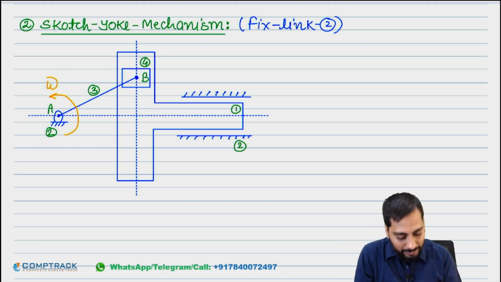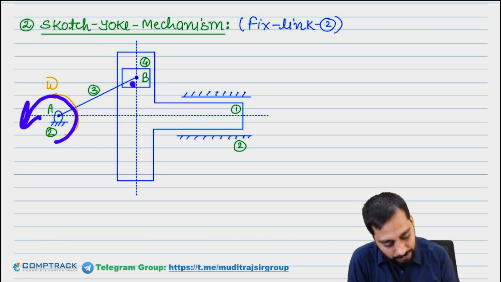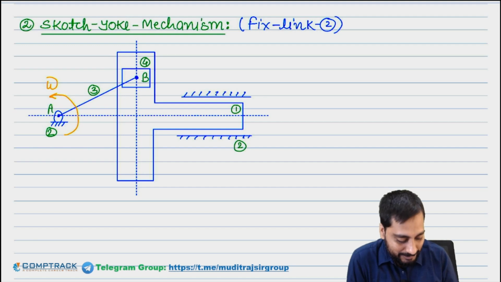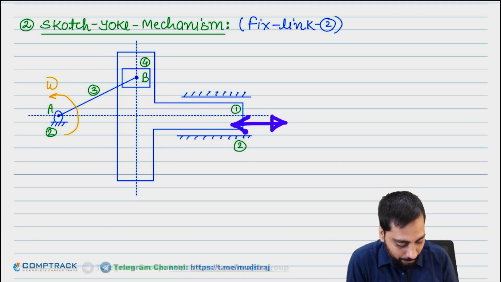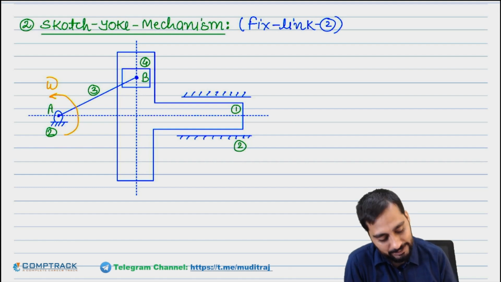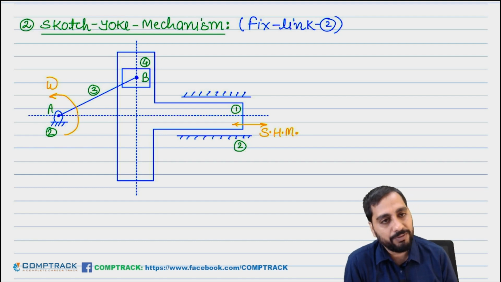So when it is having pure rotation, this will be having to and fro motion. This link will perform SHM. So here I am writing this link will perform actually SHM. How? That we are going to analyse.